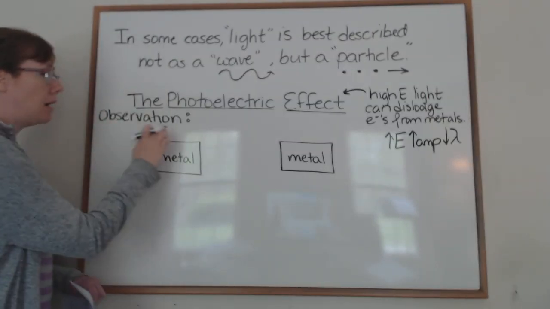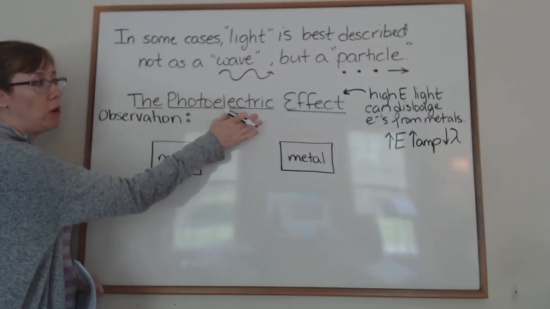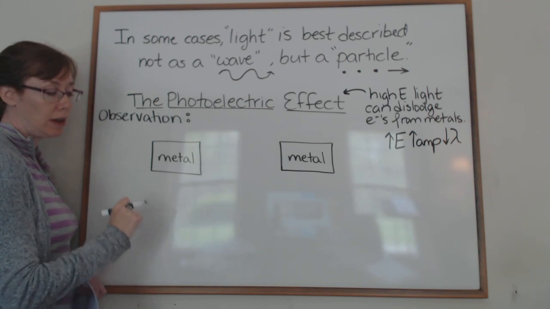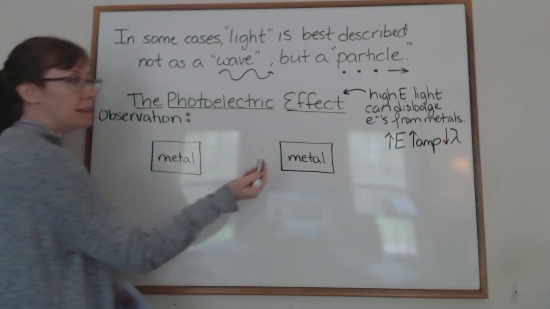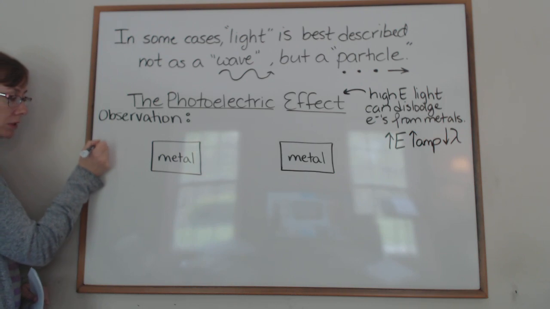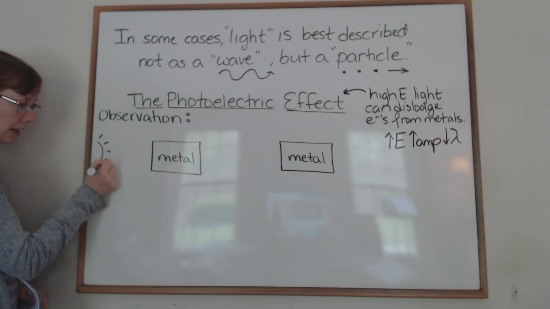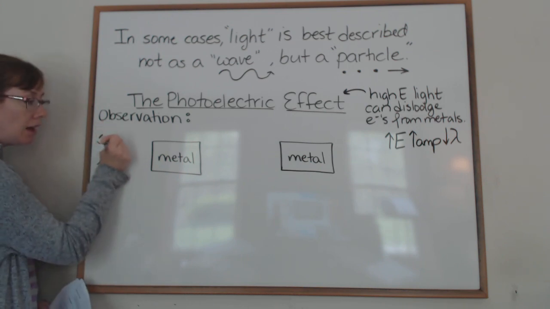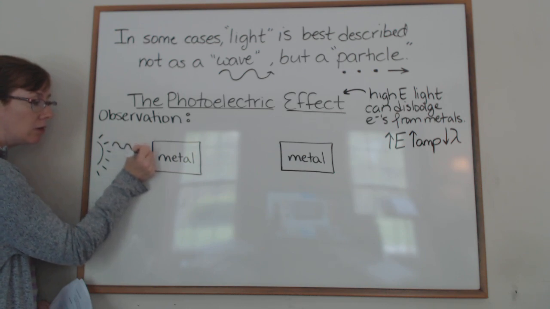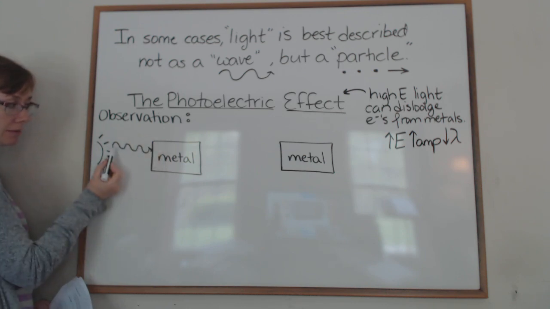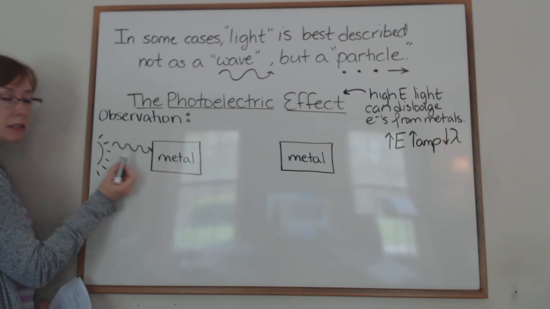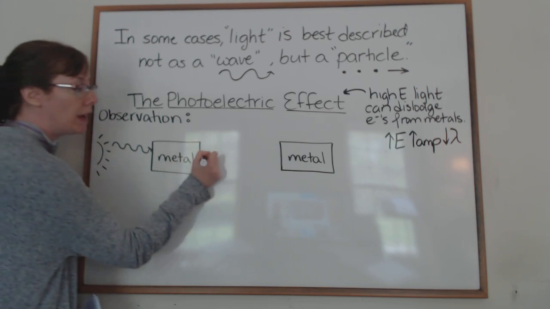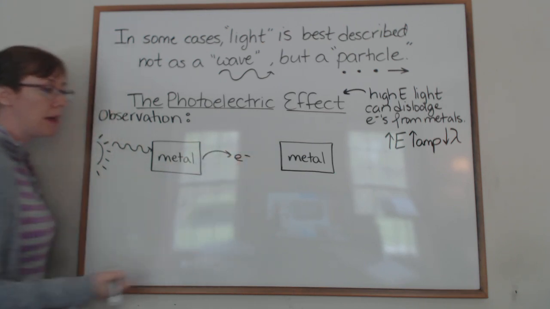And here's the main observation that leads to what we call the photoelectric effect, which leads to the concept of photons. Scientists discovered by a multitude of methods, when they shined the light on the metal, that as long as the frequency, which as we know is related to wavelength, was large enough or the wavelength small enough, you were able to shoot those electrons off the metal.